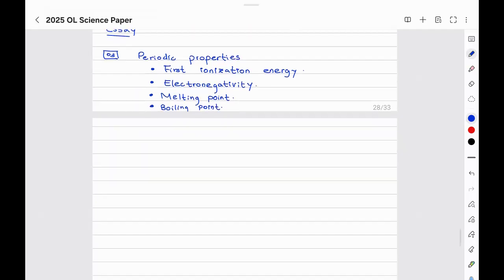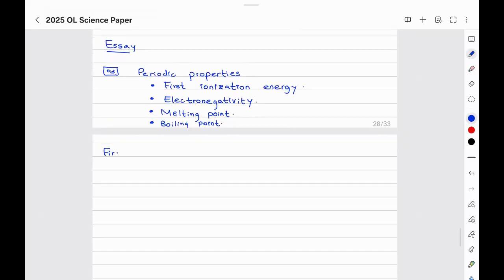So let's discuss the first ionization energy.